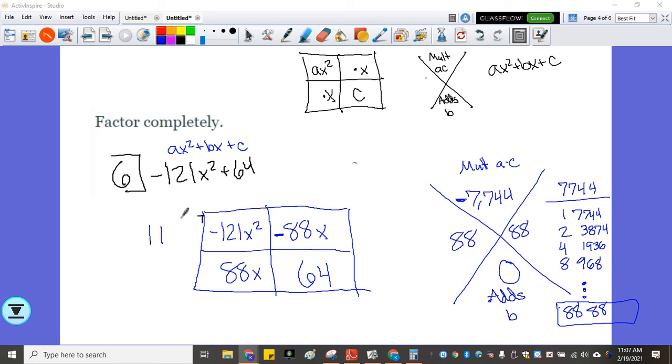And then they also have two other things in common. What else is in common there? Your negatives in common and an x in common. Yes. Okay, 121 and 88. Greatest common factor, divisor.